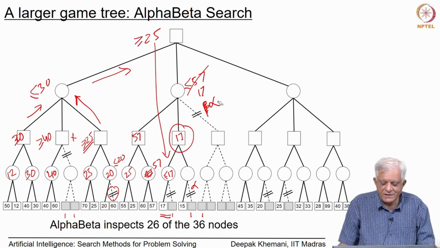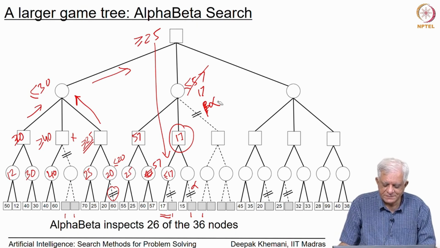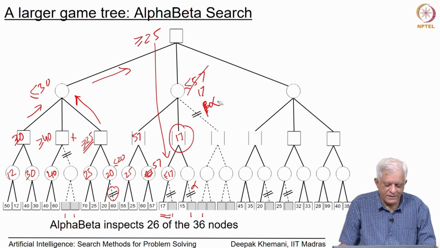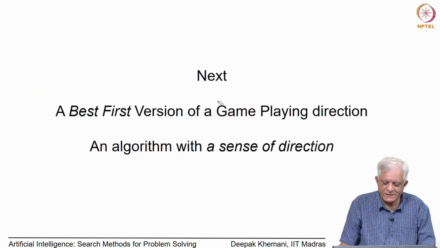Then we will look for an algorithm which is better than alpha beta, in the sense that alpha beta has the same property as the minimax algorithm, searching the tree in a predetermined fashion from left to right. We would be interested in looking at an algorithm which is the best first version, which has a sense of direction, which does not necessarily explore the tree from left to right.